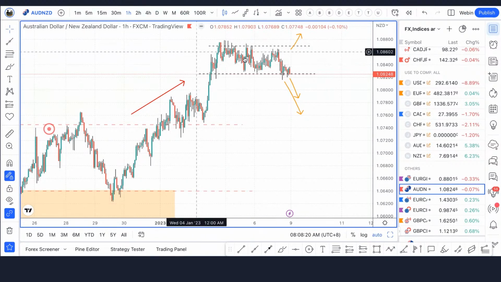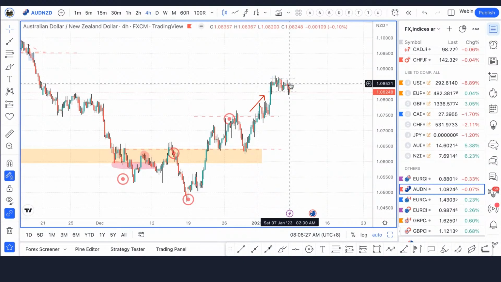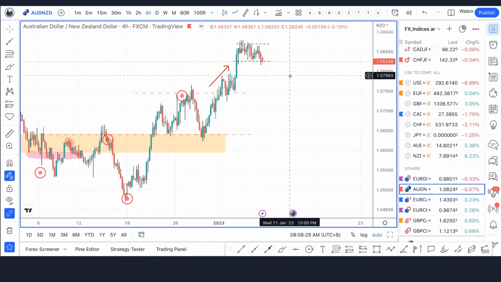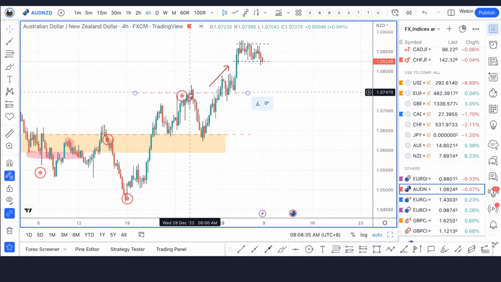So on a low time frame, this is what you should be looking at, and it would be my style to wait for the breakout, for things to confirm, before trading this pair.